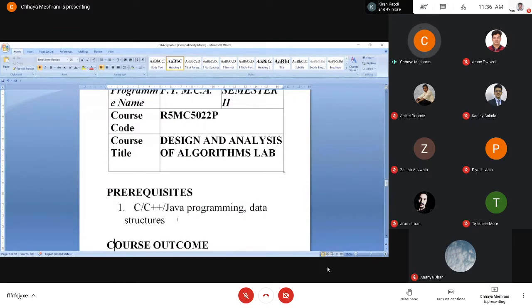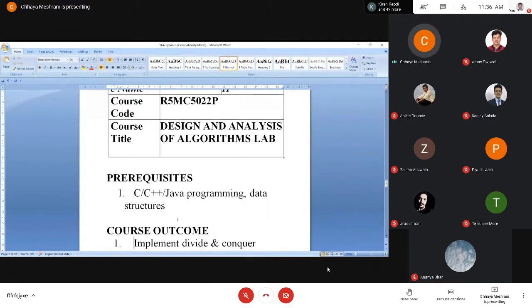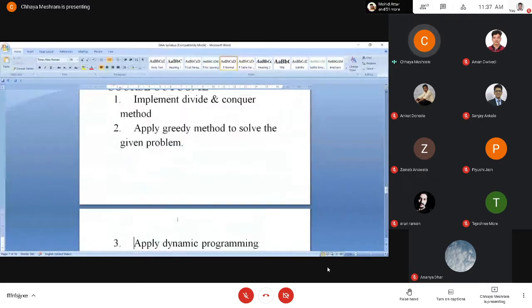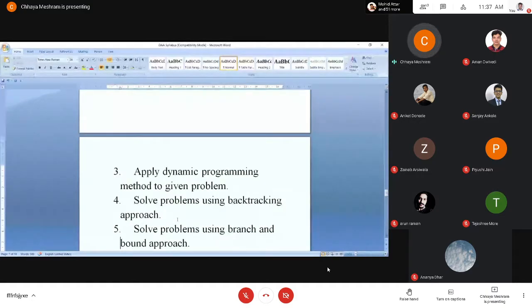We can perform the practical using any programming language, either C, C++, or Java, for performing this design and analysis of algorithm lab. The prerequisite for this lab is awareness of C, C++, Java programming, and data structures.